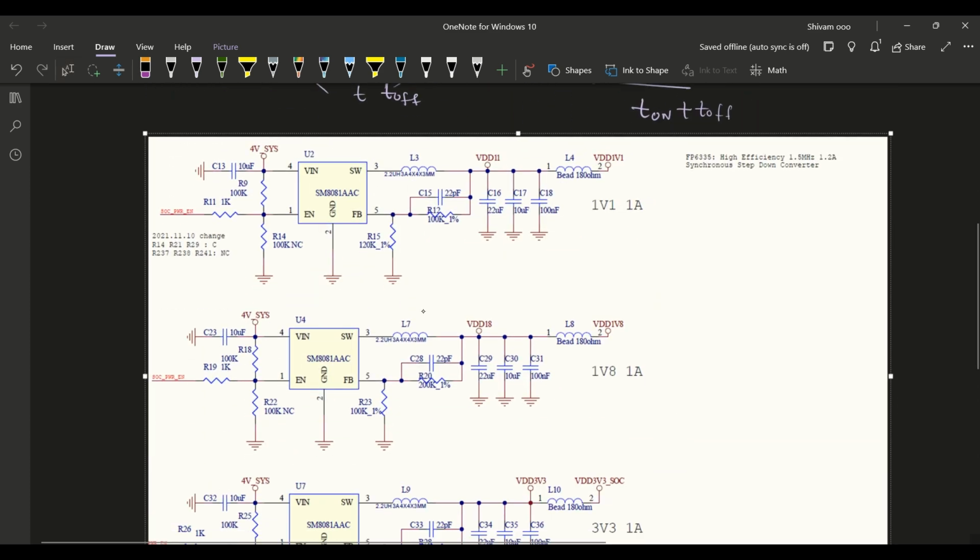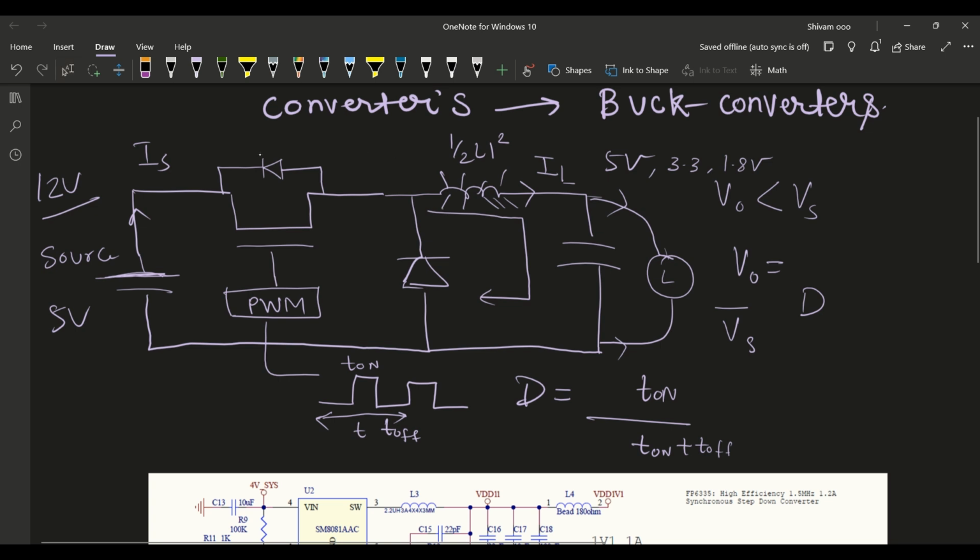If you can see, basically what's there is we have the 4 volt system voltage, and this is the integrated buck controller, buck IC. It has all this: the MOSFET, this switch, and this diode, integrated into one IC, and all the PWM control and the feedback from the output voltage are on the same package.